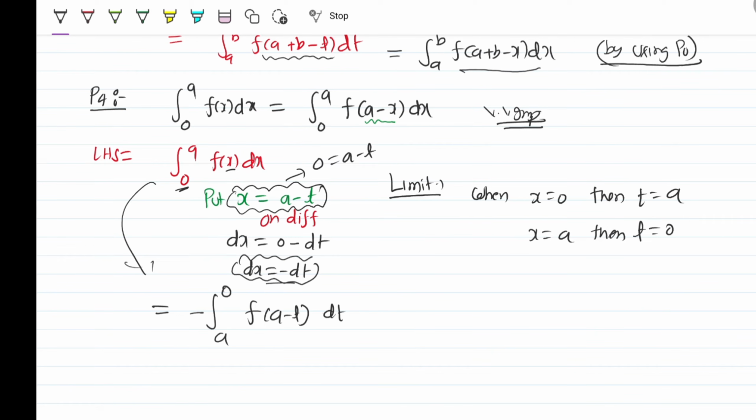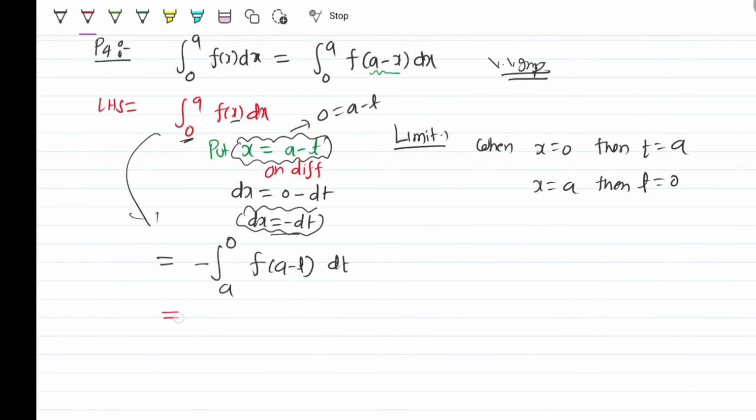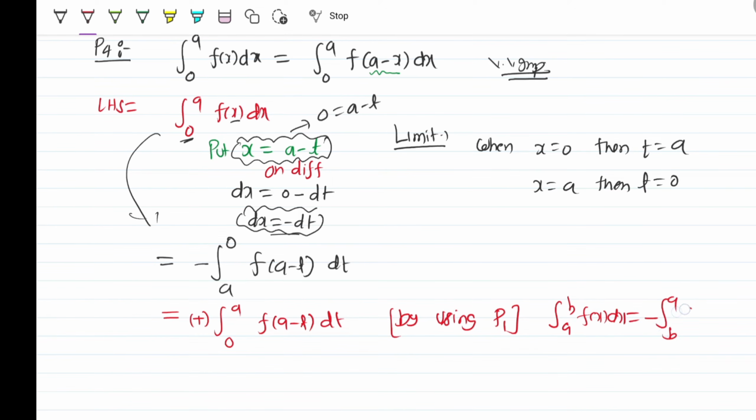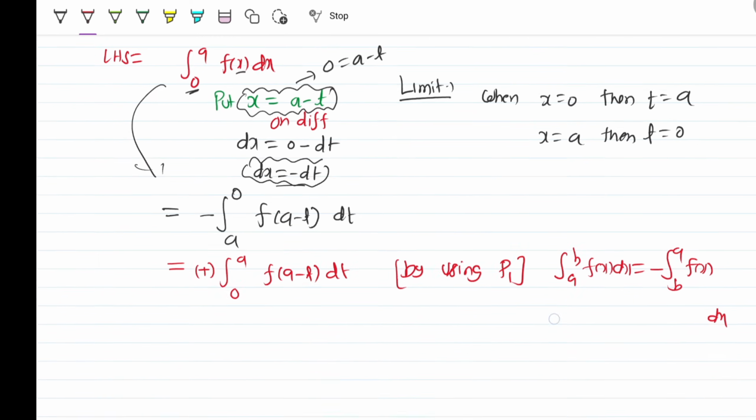Then again the same process as we have done for p3 property. Use p1 property. Interchange the limit to 0 to a, then minus minus plus f of a minus t dt, by using p1 property. p1 property means a to b f(x) dx is the same as minus b to a f(x) dx.